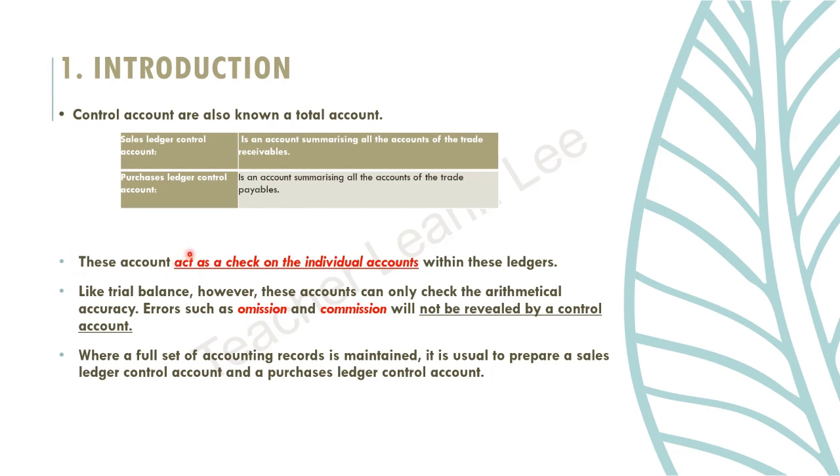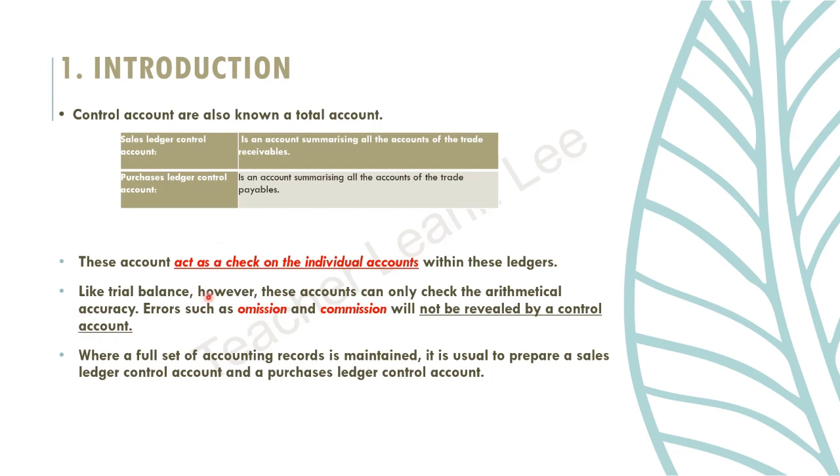This account acts as a check on the individual accounts, as I said in my previous slide. So basically the SLC and PLC are for checking purposes, like an antivirus check. I want to see whether any errors happen or not.